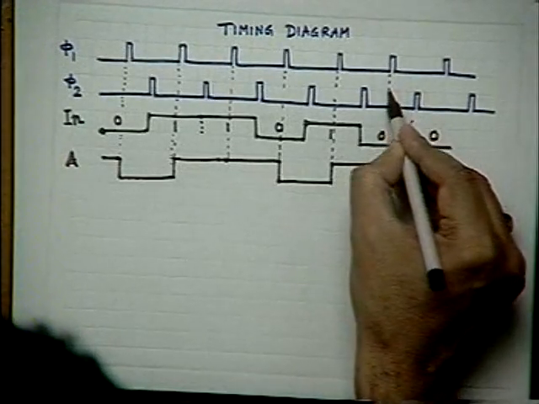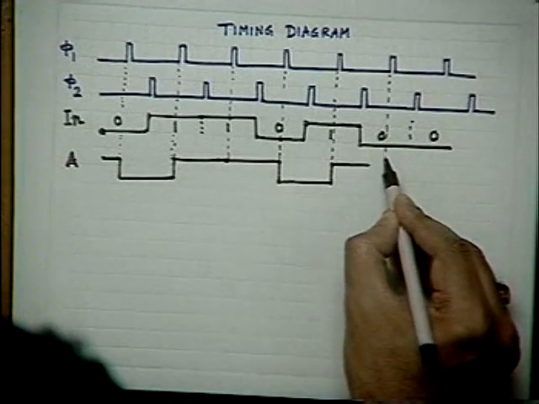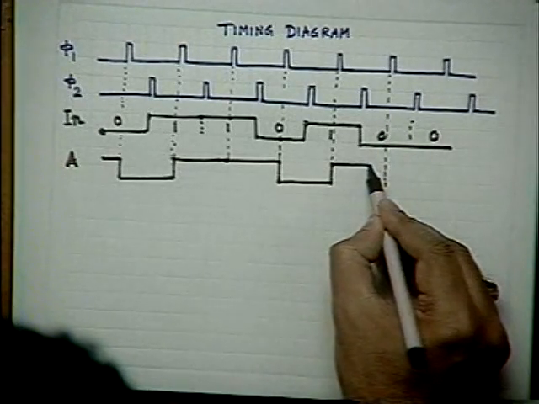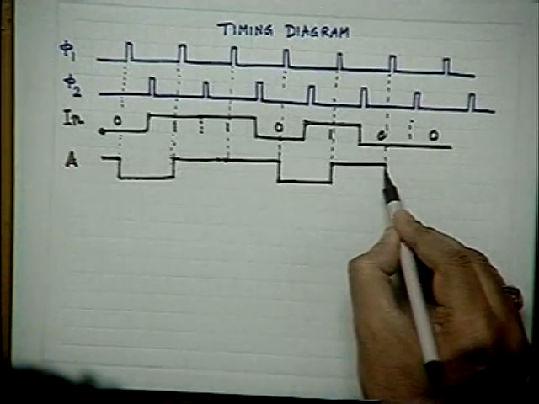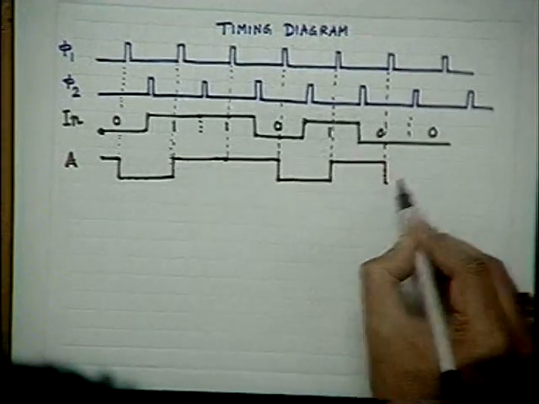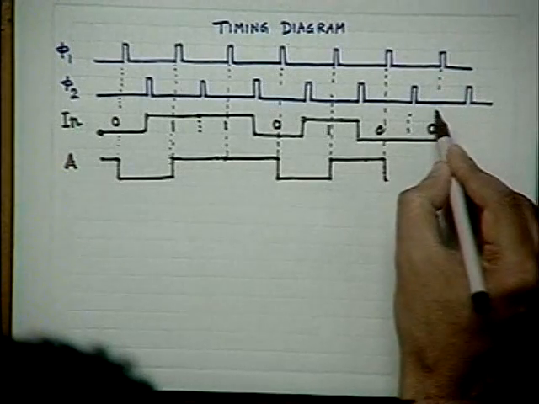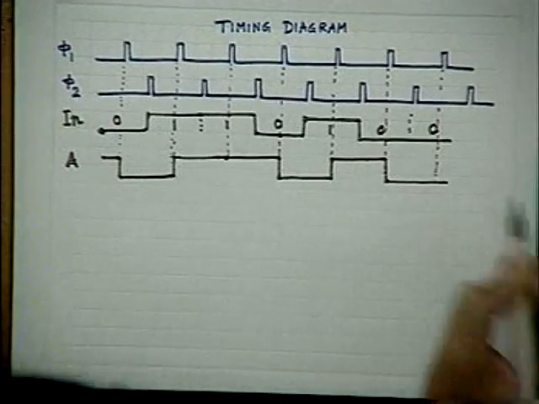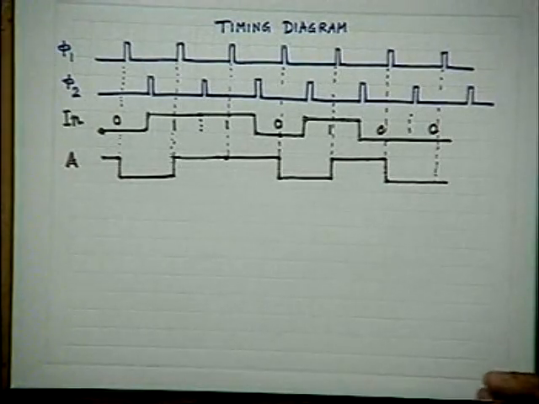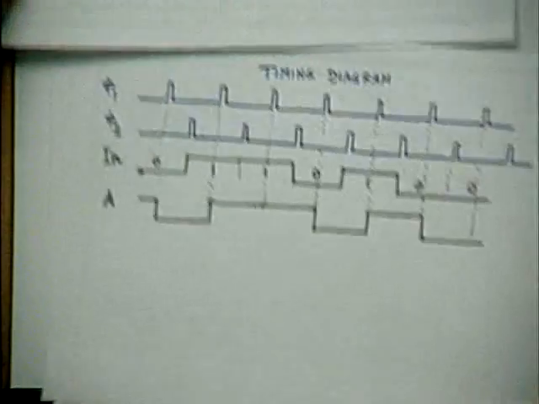I have to wait up to this clocking transition. But then again it is 0, like this. And similarly, when I'm here, this is also 0. Am I correct? Is it all right to all of you?